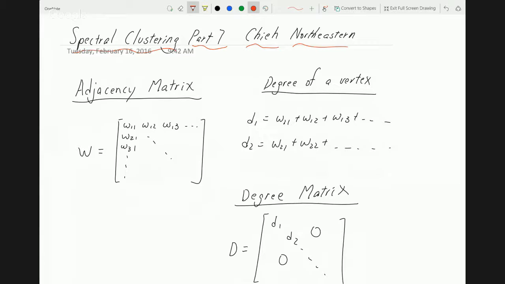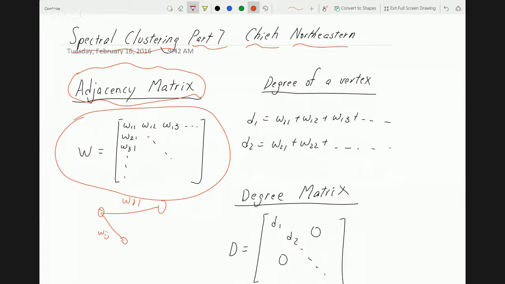In the last video, we talked a lot about the adjacency matrix, which, when we represent data in terms of vertices, gives us the weights between them, the relationships represented in this matrix.